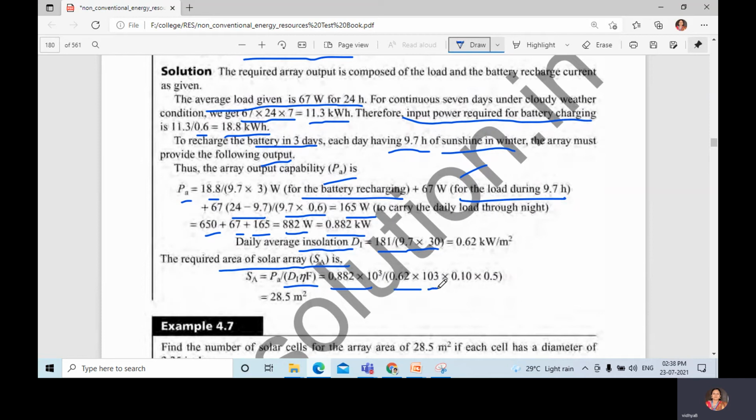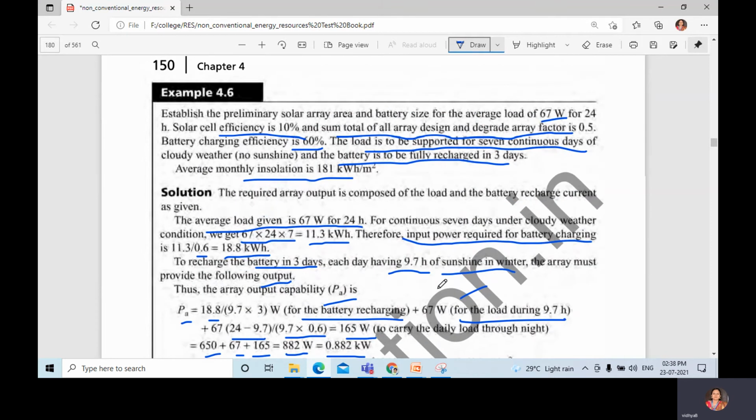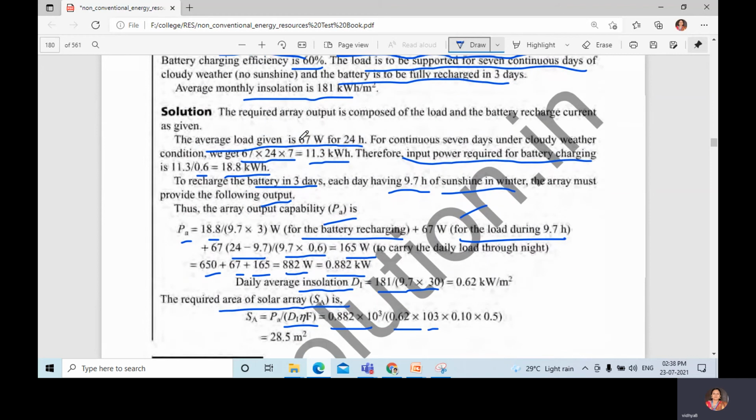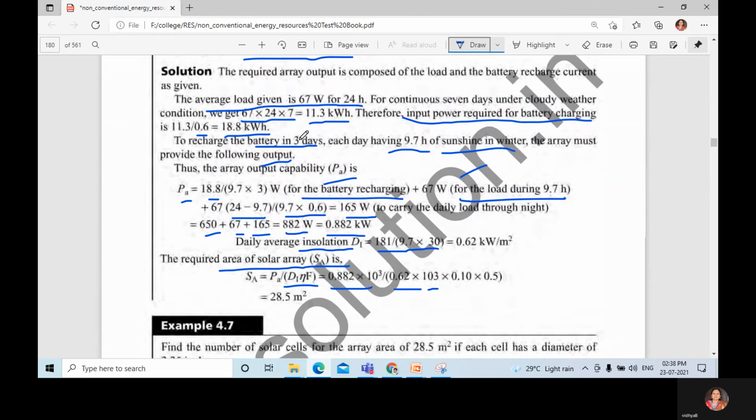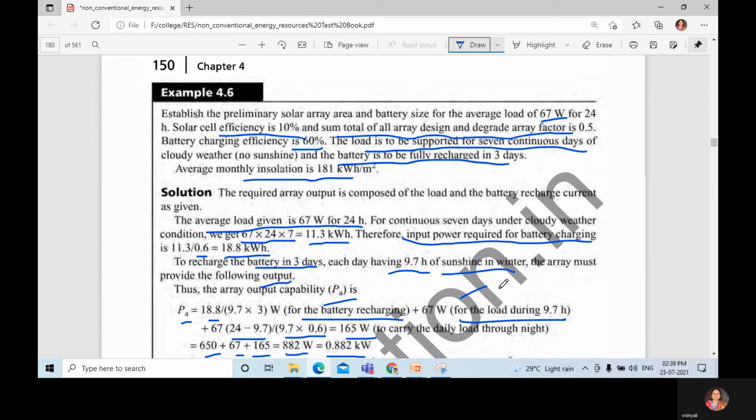The efficiency value they have given here is 10 percent, and F is 0.5, that is the array factor equal to 0.5.